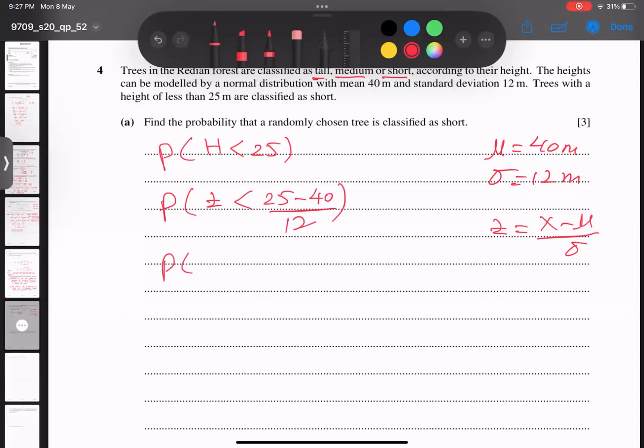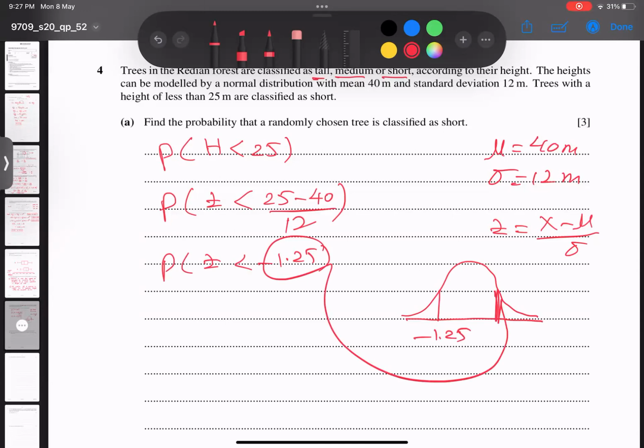If I type it in the calculator, students, this becomes minus 15 by 12, which is minus 1.25. In the bell shape, negative 1.25 falls in this portion. If it is positive we make it on the right side, but if it's negative we make it on the left side.